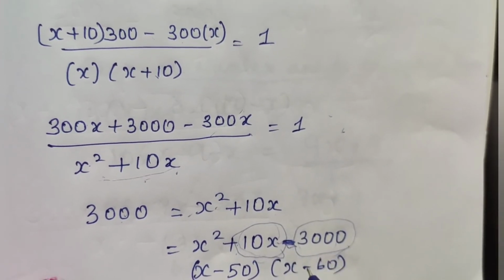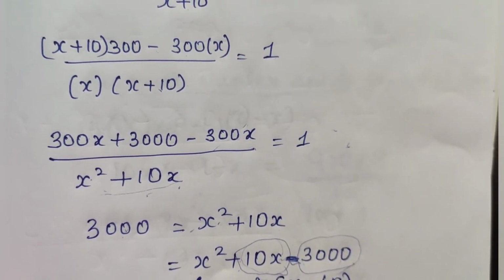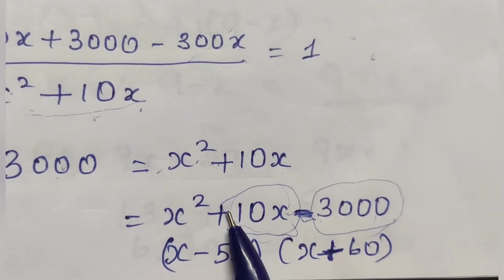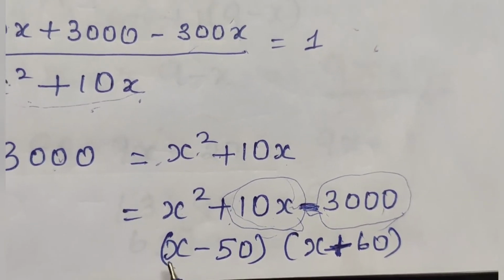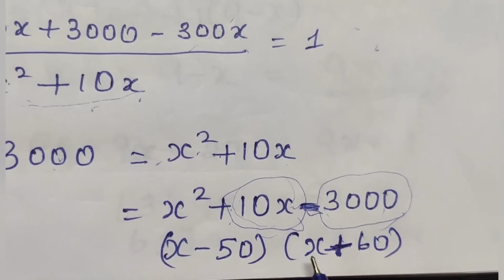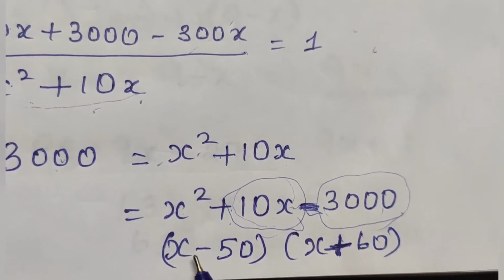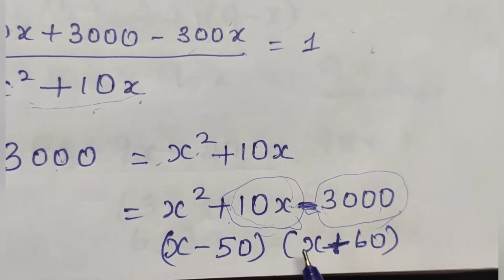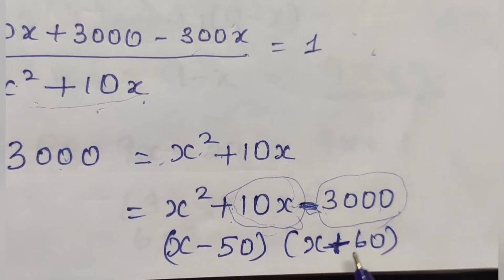So one number is plus and another number is minus. So the bigger number is plus and the smaller number is minus. So we do x minus 50 into x plus 60. Therefore x is equal to the opposite symbol: x is equal to 50 km per hour and x is equal to minus 60.